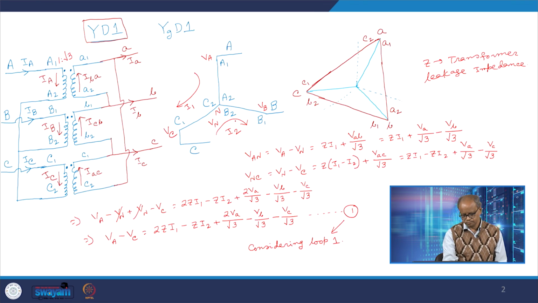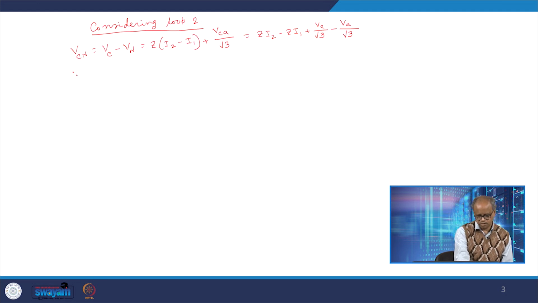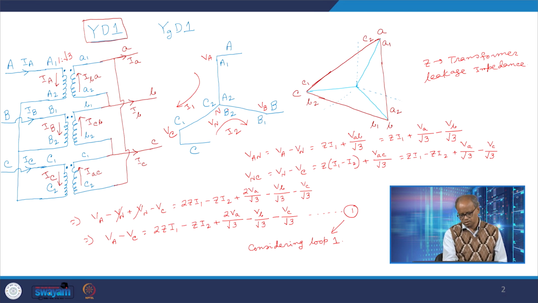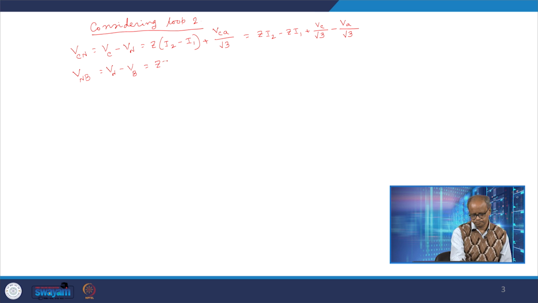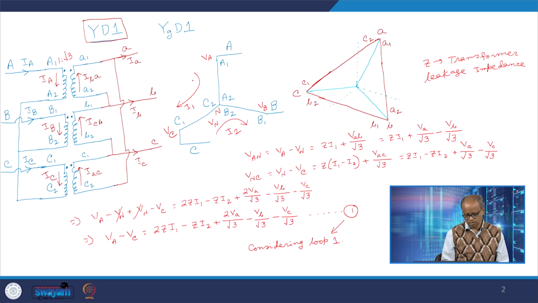And if I now go from point N to point B, VNB is equal to Vn minus Vb. In this direction the current is I2, so the drop is Z I2, plus the drop in this direction is Z into I2.